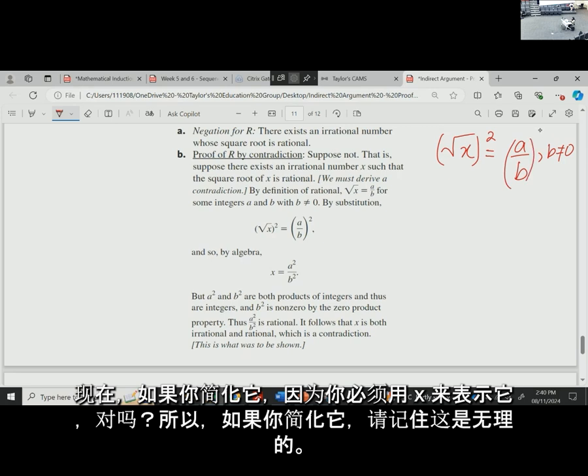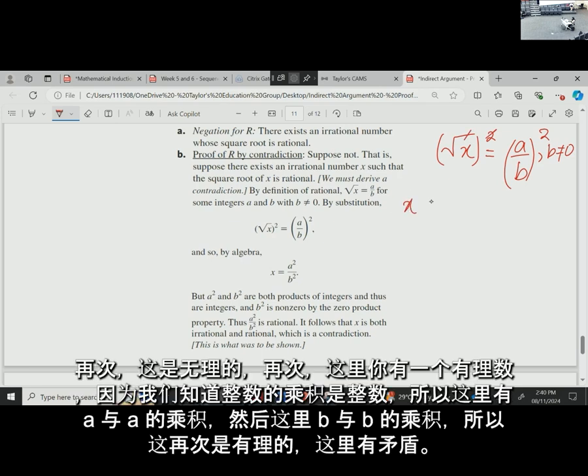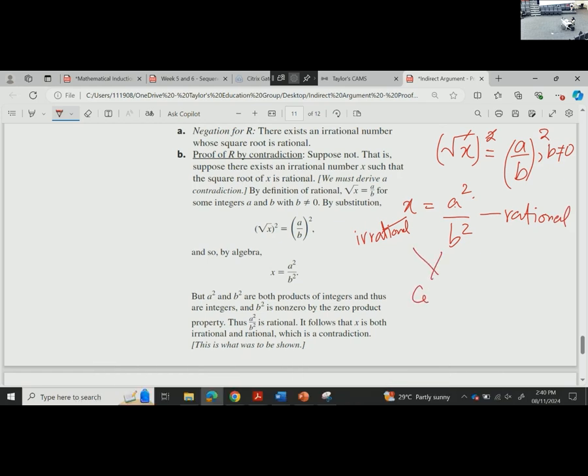So if you simplify it, remember this is irrational. Again here, this is irrational. And again here you have a rational number, because we know that the product of integers is an integer. So here you have a product of a into a, and then here b into b. So this is again rational, and here you have a contradiction.